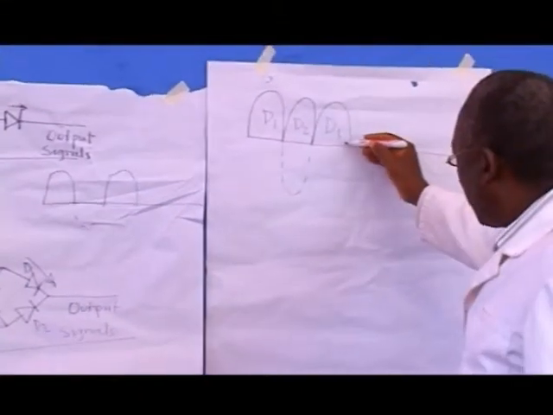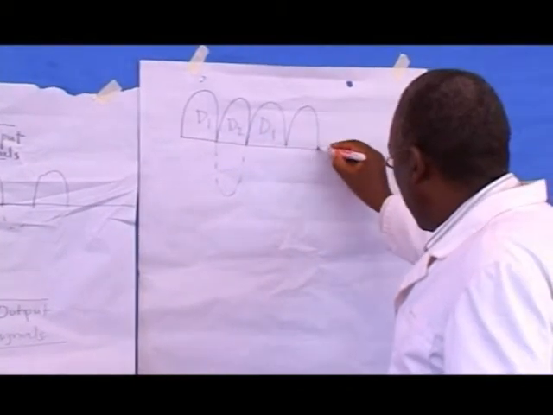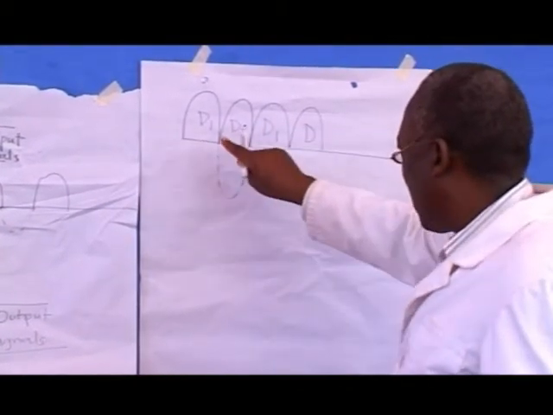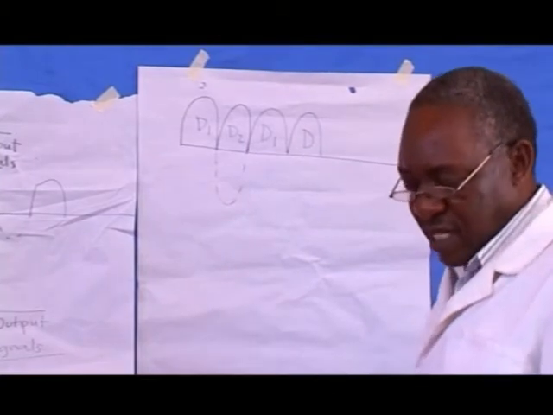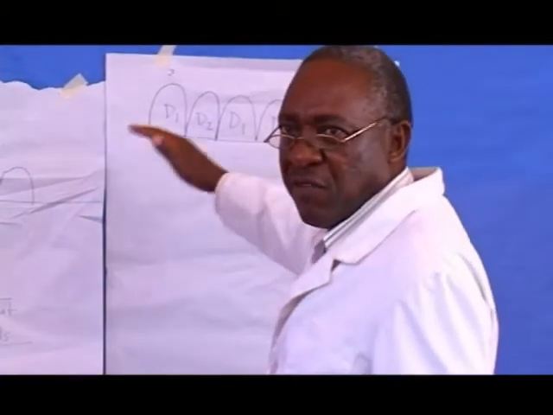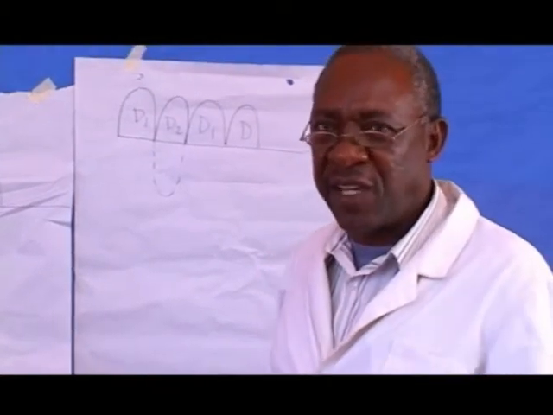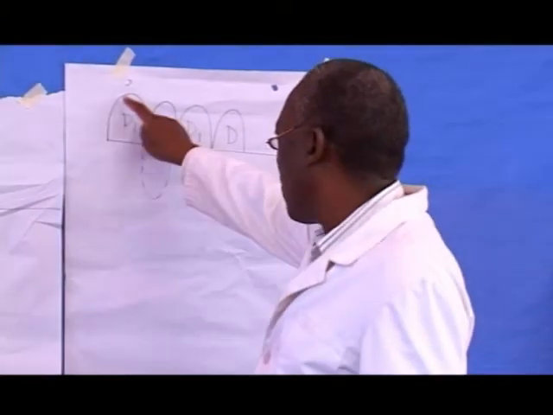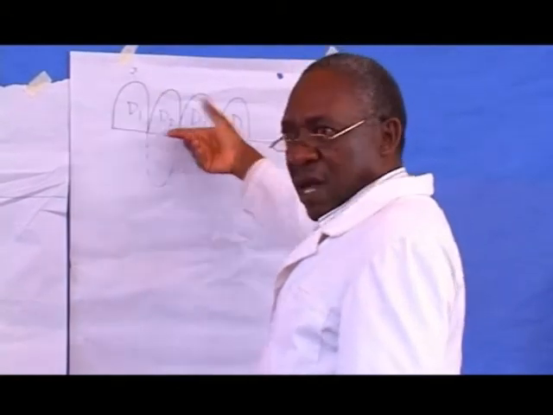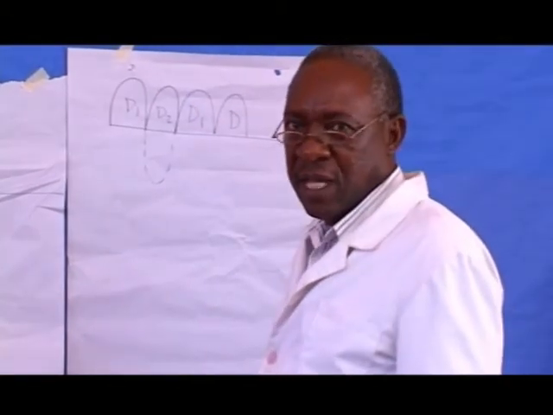And so it comes to be D2 again. So always we have the pulsating wave in the positive part only. This is a full wave rectification because the whole wave is allowed to pass, as we have seen in the cathode ray oscilloscope.